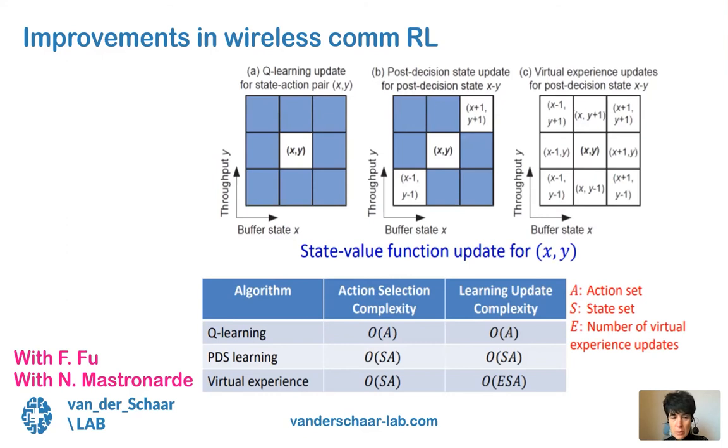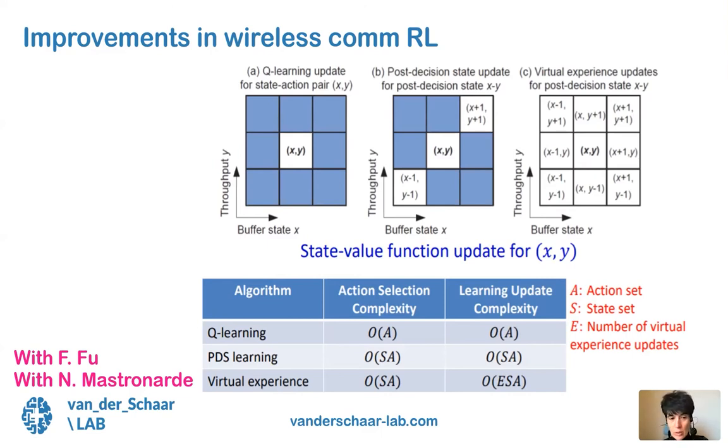However, if we use this concept that we introduced with Fangwen Fu for post-decision state, we are able to accelerate learning and improve sample complexity by making multiple updates at the current moment in time. So it was not only the current state action pair, but also several state action pairs associated with it. So we can infer the Q function associated with these other settings, even though we have not observed them.